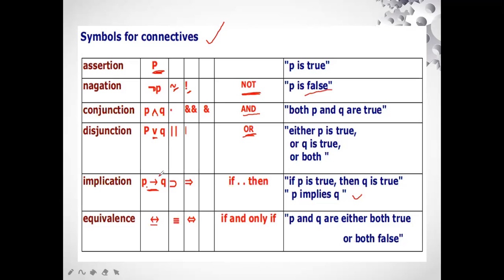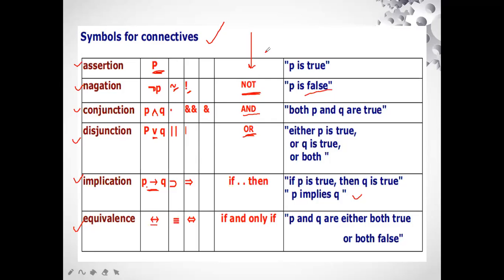So these are the symbols we are going to work with. Just a revision: assertion, negation, conjunction, disjunction, implication, and equivalence. I have taken this just to make you understand and to relate it with the operators we have done in the earlier sessions.